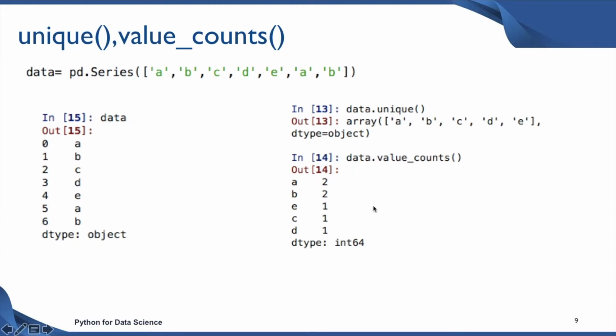For example, A is repeated 2 times, B is repeated 2 times, C 1, E is also 1, and D is also 1. So these are the two functions which we can use on our series object to find the unique values as well as the count of these unique values.